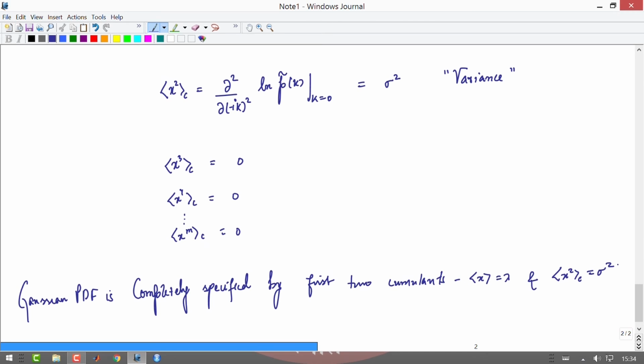Lambda and sigma square will completely specify the Gaussian PDF.